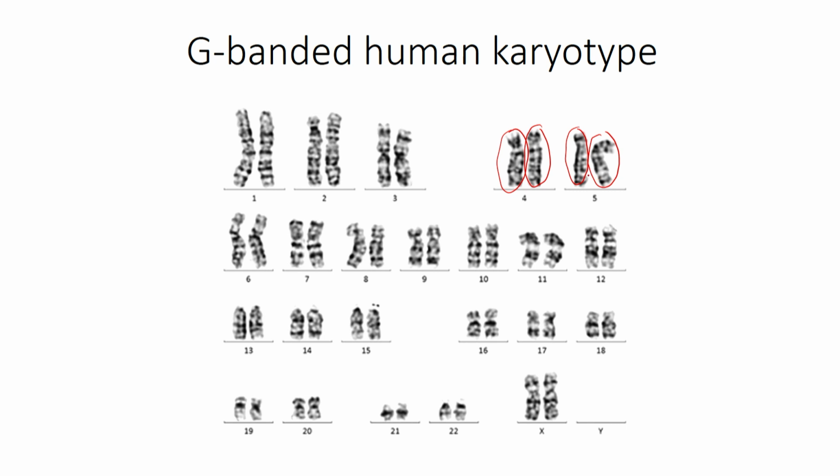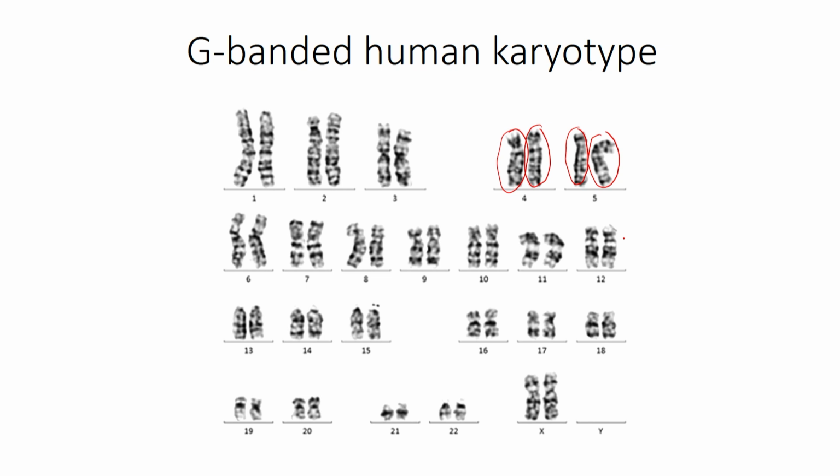Because of this specificity, one can always pair them easily, or one can number them. If one wants to know whether this belongs to chromosome 4 or chromosome 5, immediately with the banding pattern, one will be able to say this is chromosome 4, not chromosome 5. So this is how G-banding has given us a very good tool for studying chromosomes.